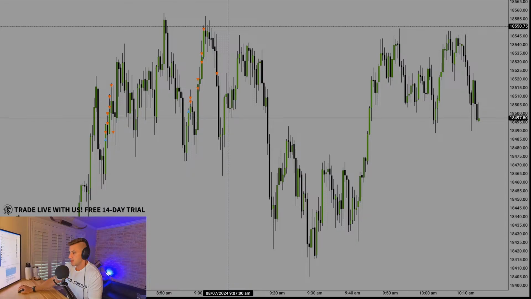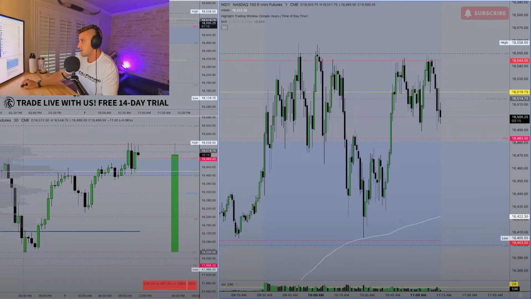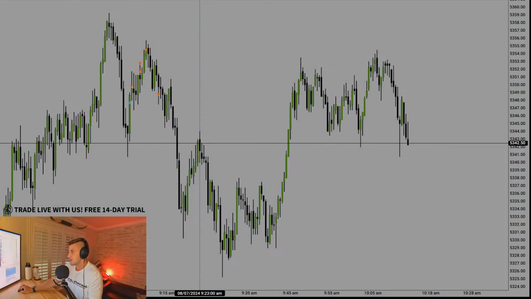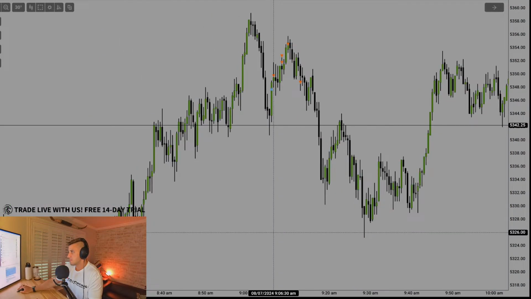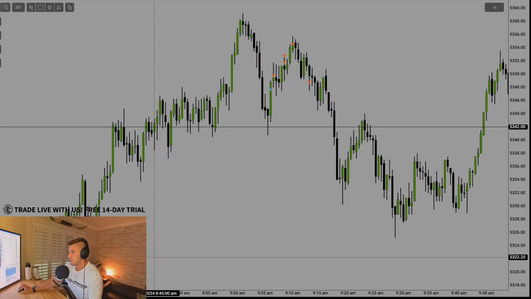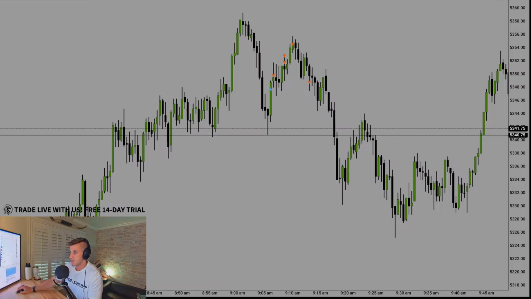And then we went for the ES. See if we find that one. ES retest of that same prior day high. There it is. Yep. So right there. So pretty good sesh. 3 for 3.